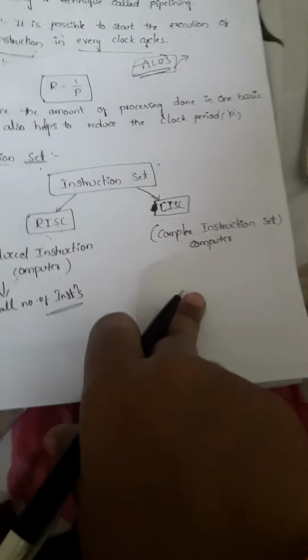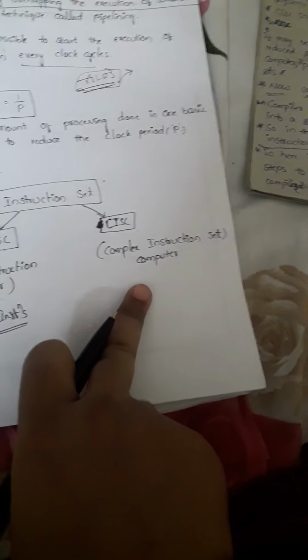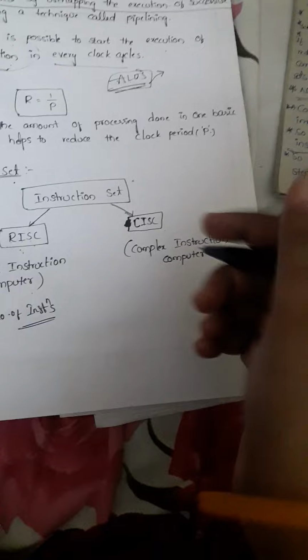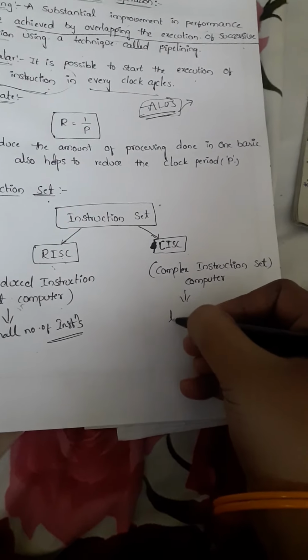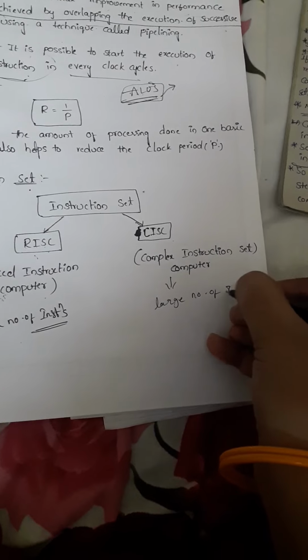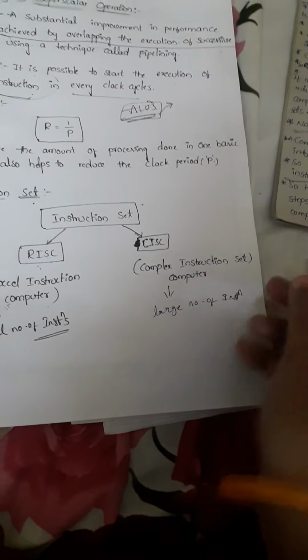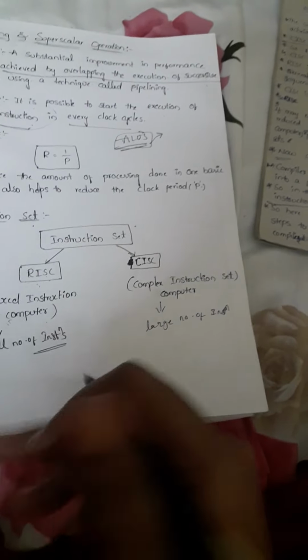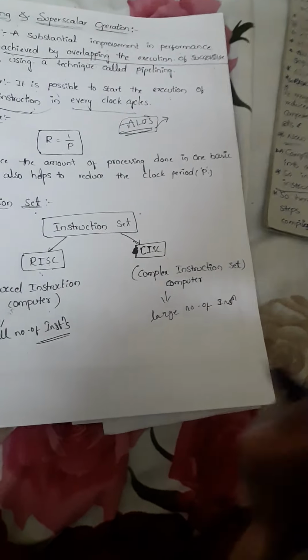So that is RISC. Now coming to CISC. The CISC instruction set requires a large number of sequential steps because it consists of a large number of instructions. Execution steps increase depending on the instructions.